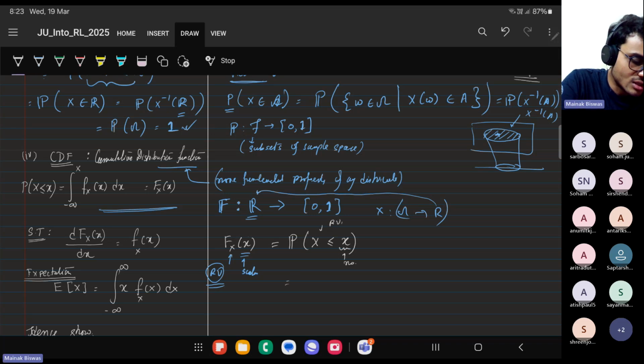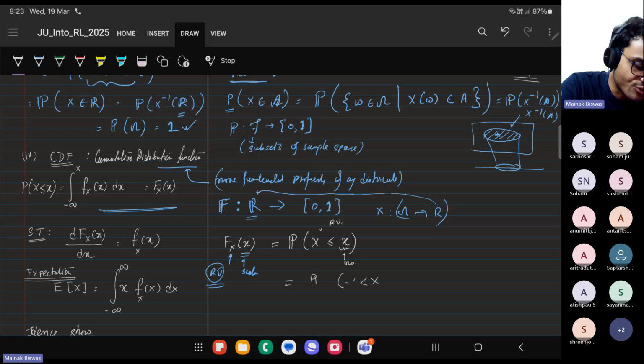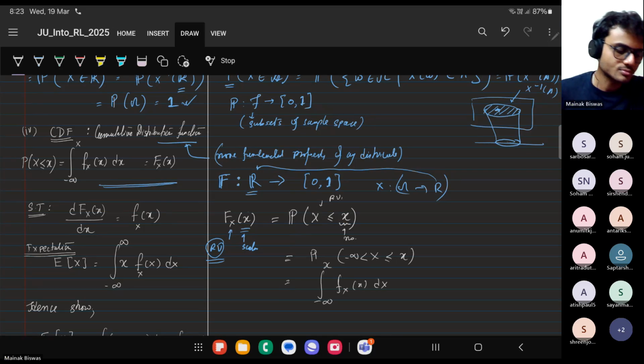So how can I write this in terms of the CDF or the density function, if it exists? We define that P of X less than x means X is between minus infinity and x, which means the integral from minus infinity to x of the density function. So this is how you define it. Good.